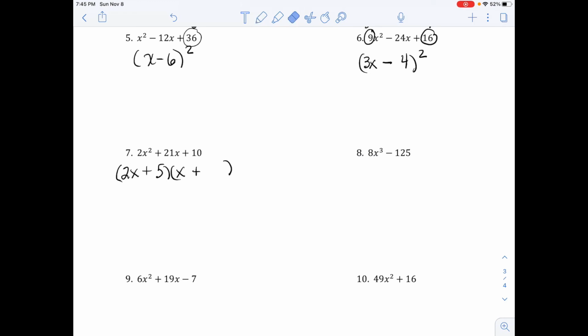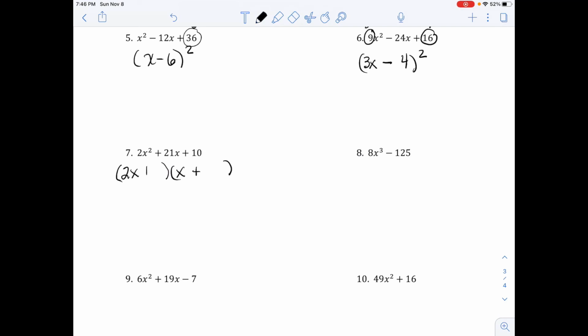I'm going to put the 2 here, and I'm going to put the 5 there. I'm going to go back and test it out. 2x squared plus 10x plus 2x plus 10. It's going to give me 2x squared plus 12x plus 10. Again, not the correct one.